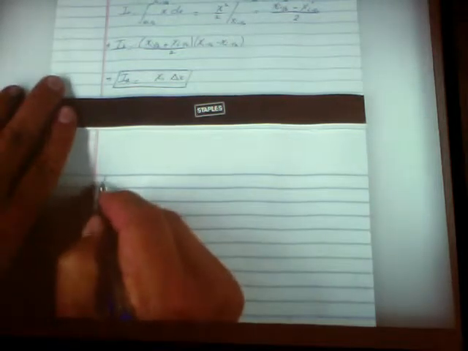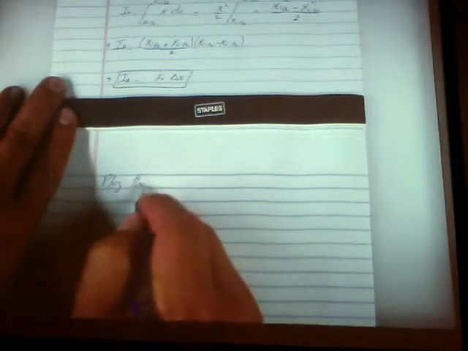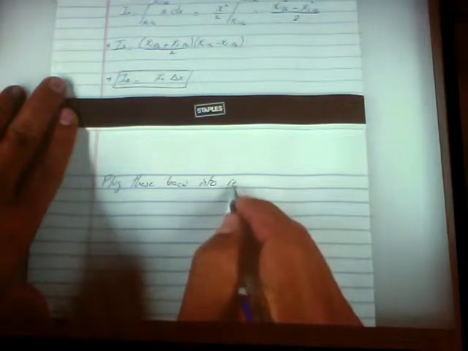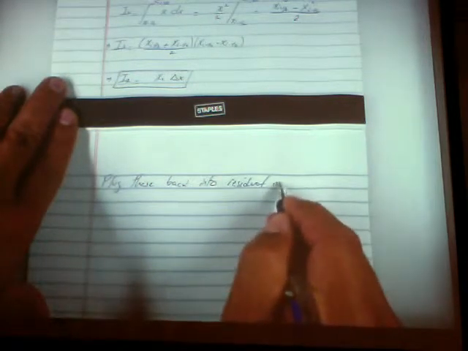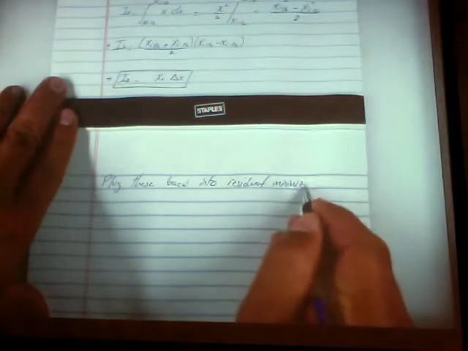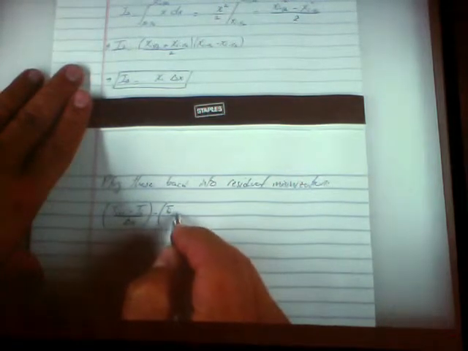So plug these back into residual minimization. So we have the fluxes. One is Ti plus 1 minus Ti divided by delta x. The other one is Ti minus Ti minus 1 divided by delta x.